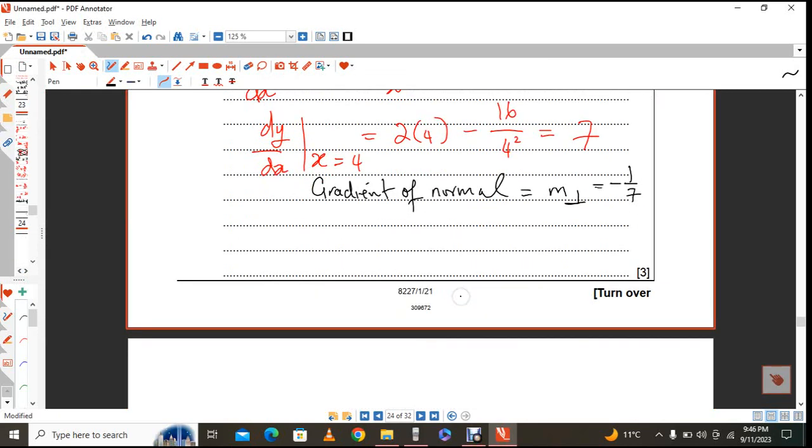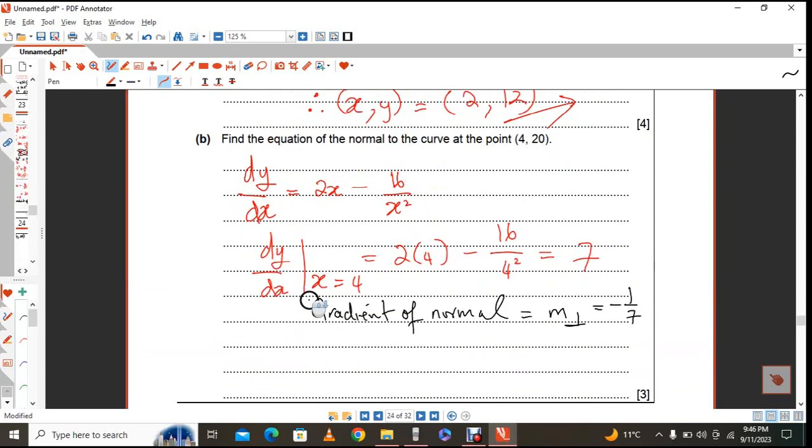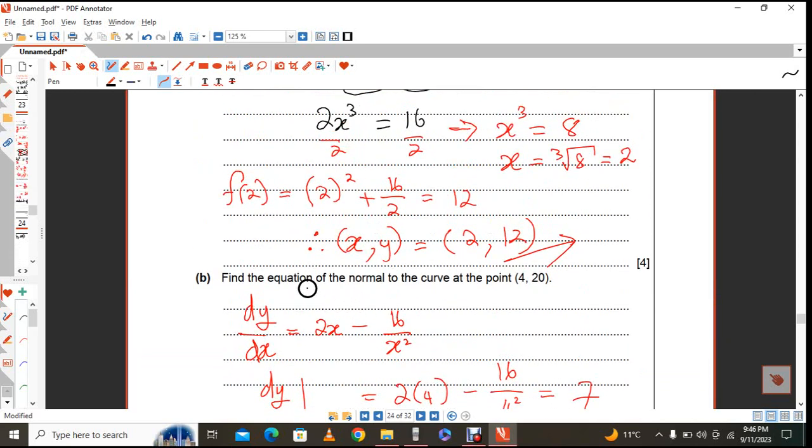So the gradient of the normal. So what we now have, remember the formula, and it's very important that you remember the formula, the equation of the normal. So first let's write down the points. We are given the point (4, 20). If you read the previous question, it says find the equation of the normal to the curve at that point.